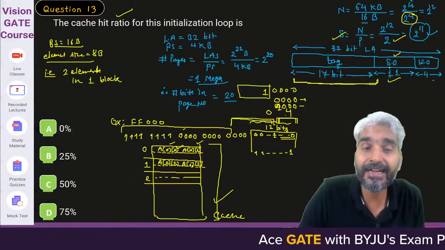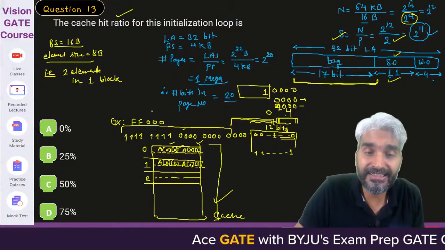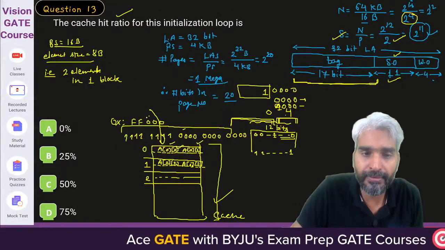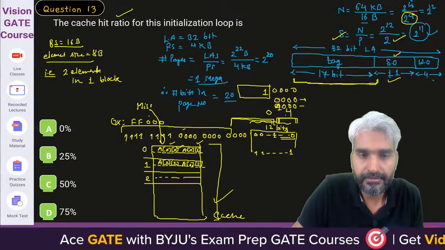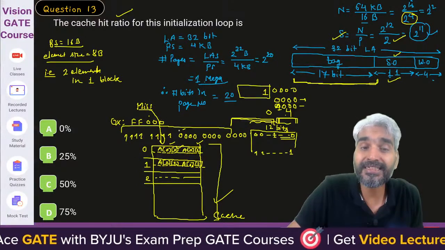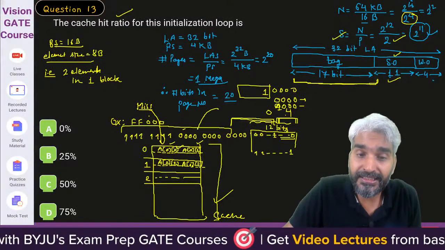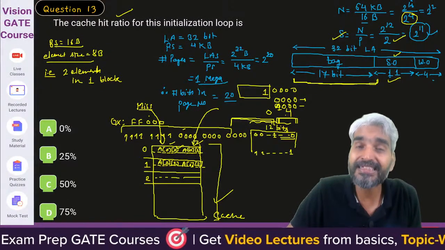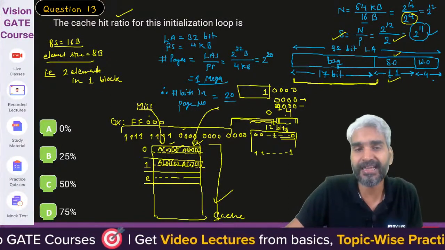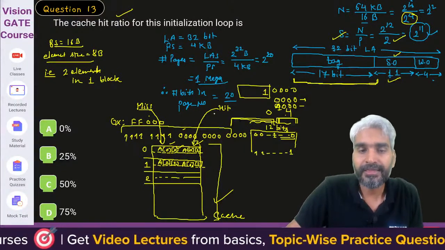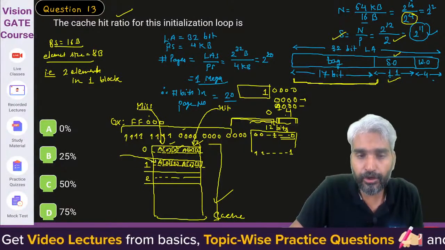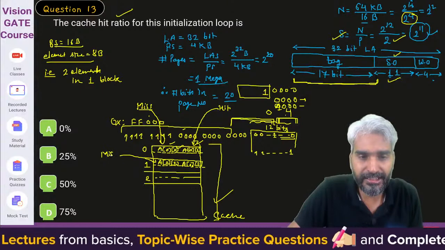Please try to understand. First of all, you will access A00. For that, it will be a miss. Then when you access A01, because of A00 you have already brought A01 into this cache line, therefore it will be a hit. Then again, A02 will be a miss, because initially the cache is empty.